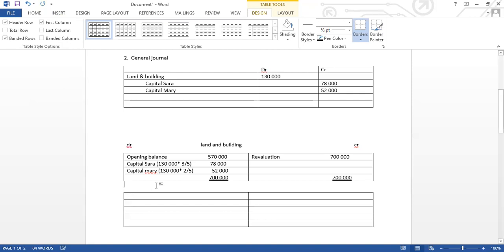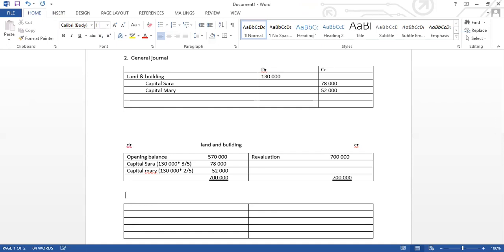Okay, now in this case, what is our next asset? We have machinery. Now our machinery, so we move on to the machinery, we check, we compare. Machinery was valued at 80,000.